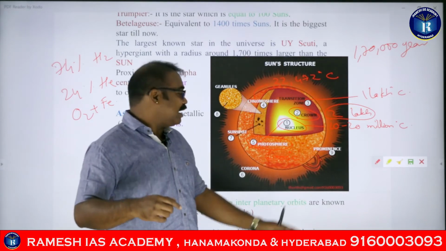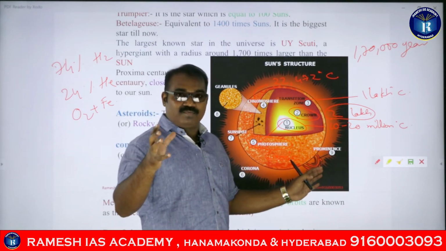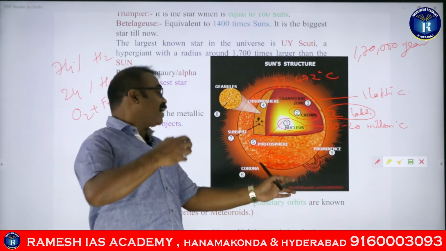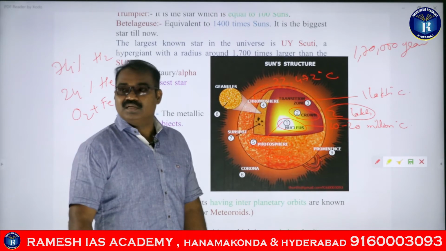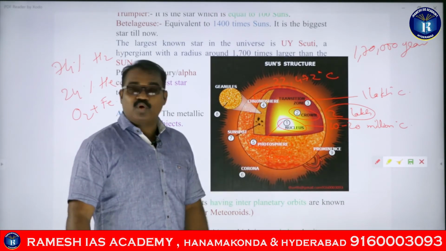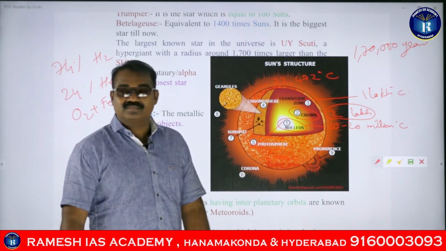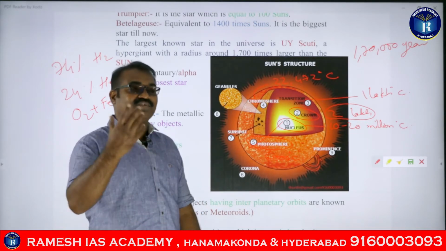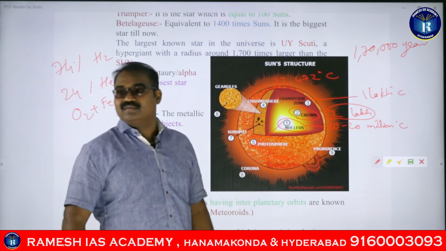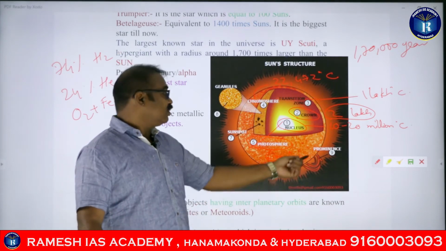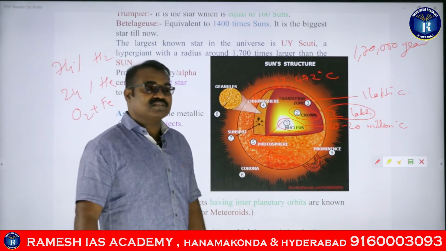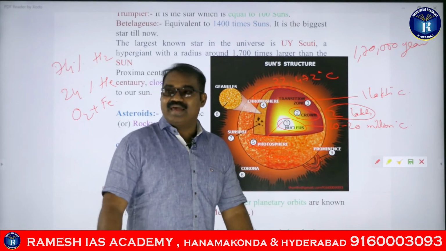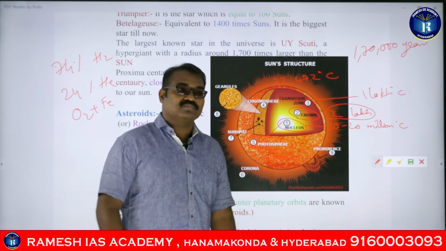Or several times these flares or photon particles fall back into the sun itself, and they are called prominences. So when the prominences are more, the light energy given is more.